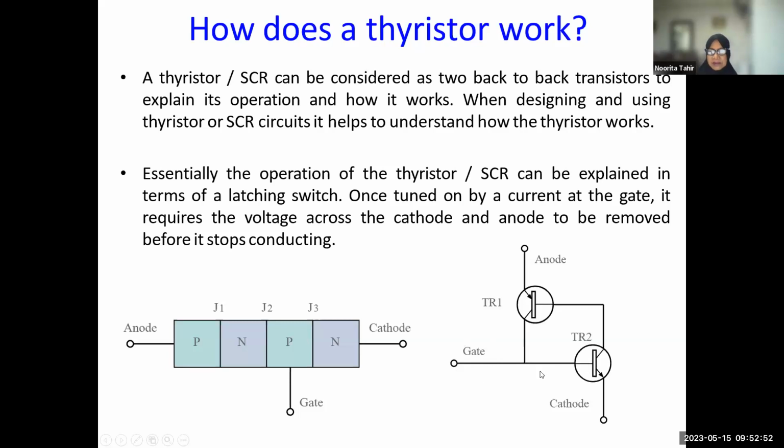So the thyristor circuit can be considered as back-to-back transistors. Here, this is transistor one, this is transistor two. Remember the difference between this one and the Shockley diode we saw earlier: the Shockley diode doesn't have a gate, and the input voltage needs to be reduced very low for it to stop that hysteresis cycle.